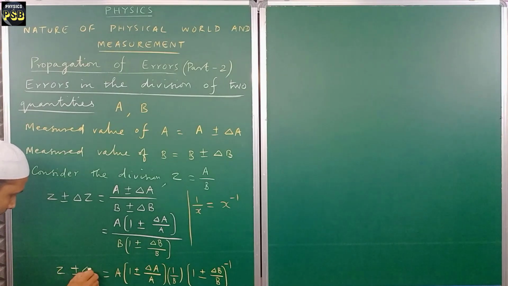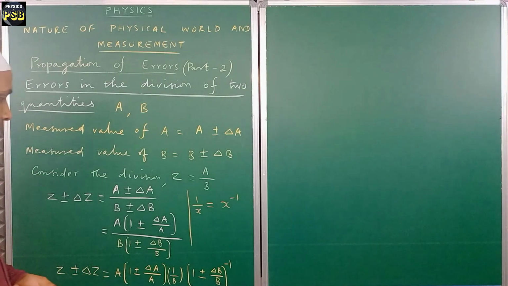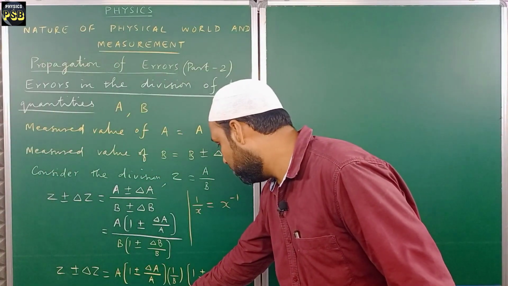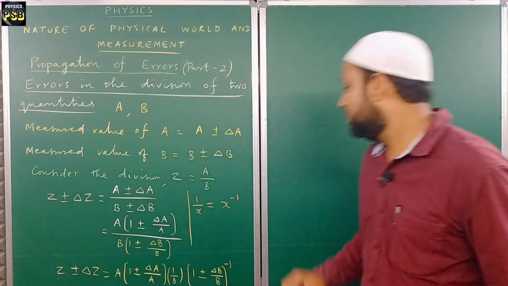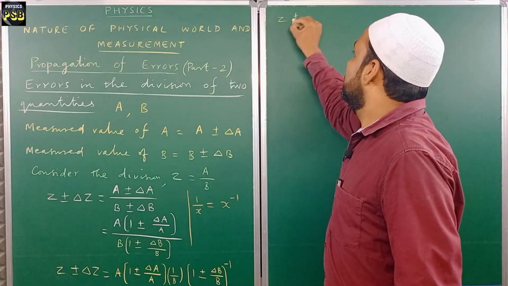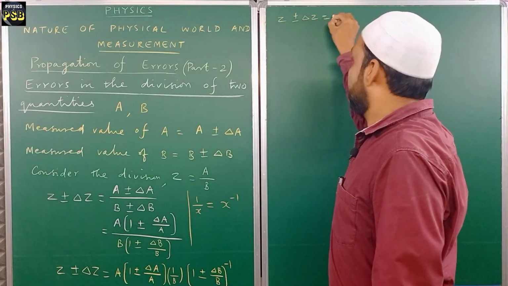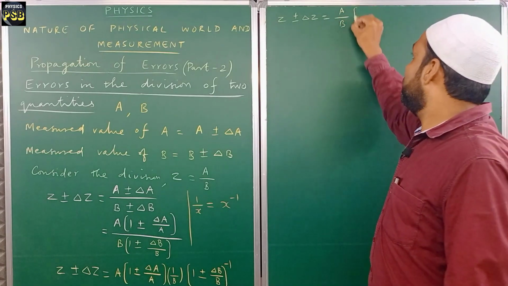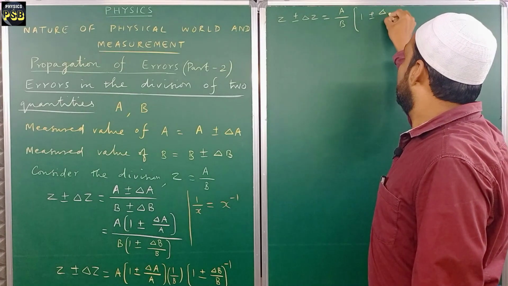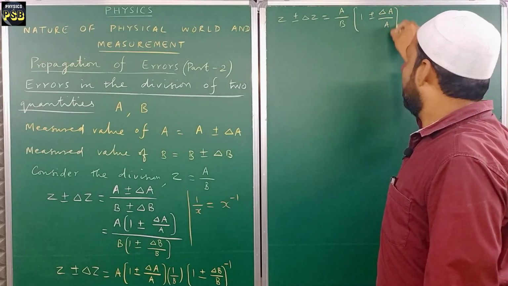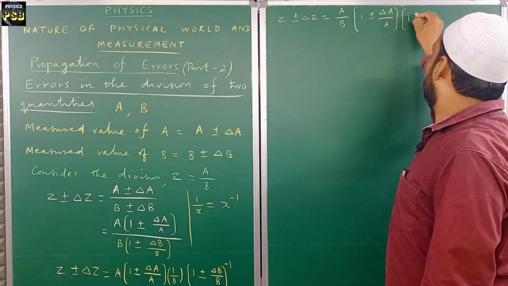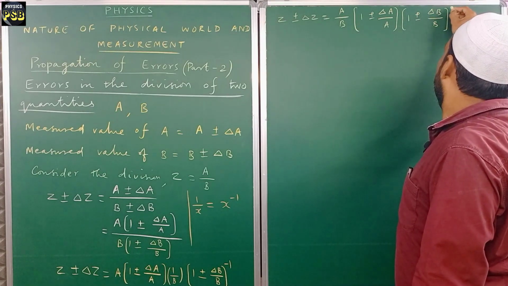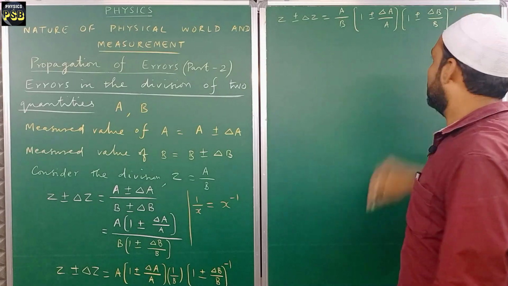what will I do? Here, I am going to multiply 1 upon B with the A. If I do so, I will get A upon B multiplied with 1 plus or minus delta A upon A, multiplied with 1 plus or minus delta B upon B, and here the power is minus 1.